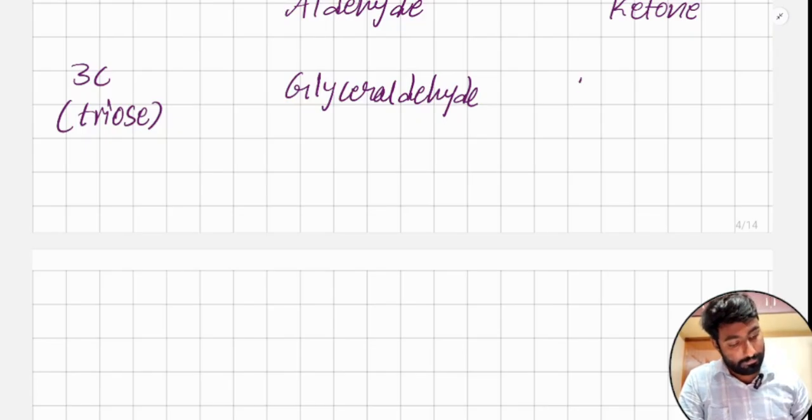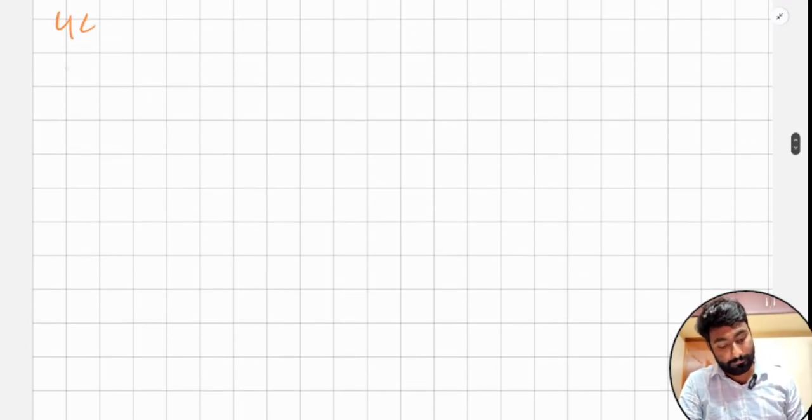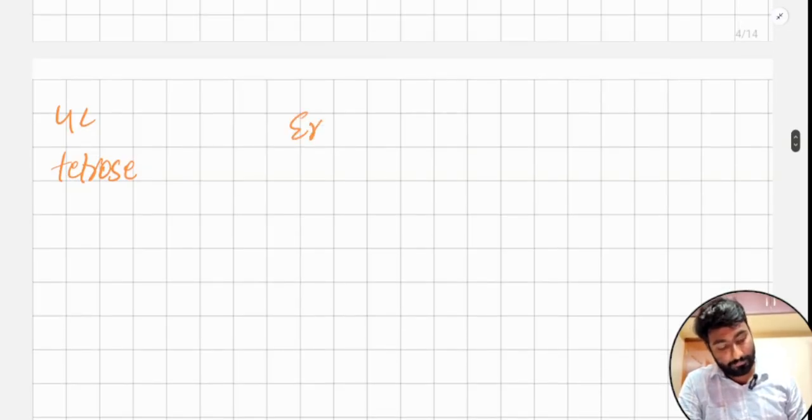Yes, it is your dihydroxyacetone. Okay. Four carbon is called tetrose. What is the aldehyde in tetrose? Yes, erythrose. And the ketone group? Erythrulose.